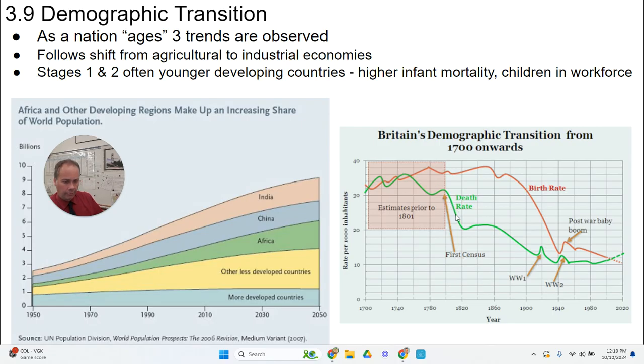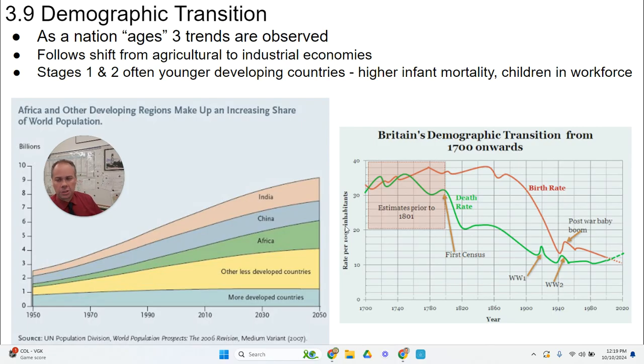Then we see stage 2, with the falling death rate but a high birth rate. In stage 3, the birth rate drops, coming close to the death rate, and then they're relatively balanced hereafter. You can see little blips for the post-war baby boom in World War I and II, etc. This data shows us the changes over time.